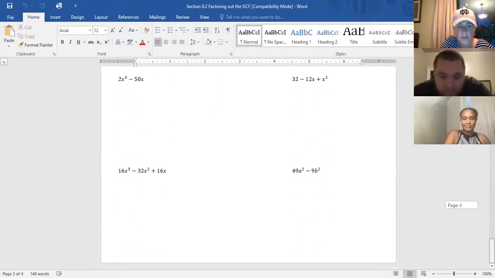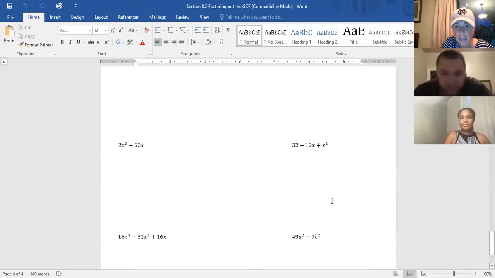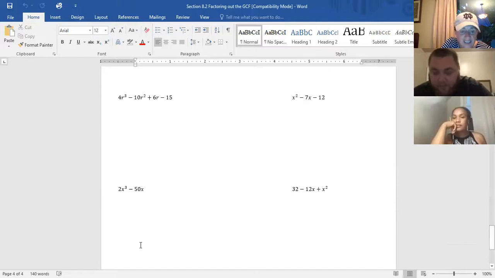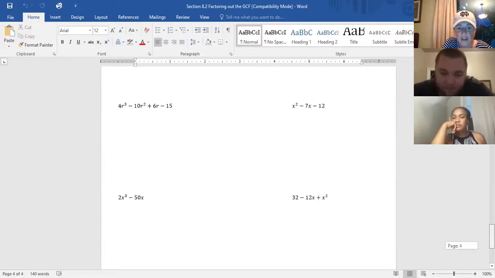Well, let's do the 3 terms and then we'll come out to the tricky ones. I said these are ones to be careful of. If they're not written in standard form, you've got to rewrite it. Sometimes they're a little tricky. Like this is 2 terms with a minus, but you had to factor out the 2x first to see that. So I had some tricky ones down. I'm like, be careful of some of these.